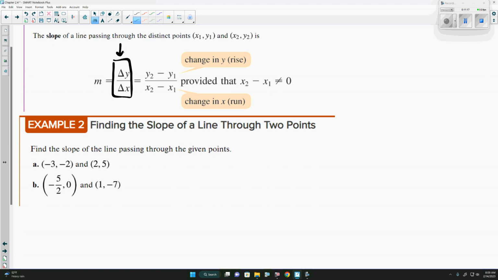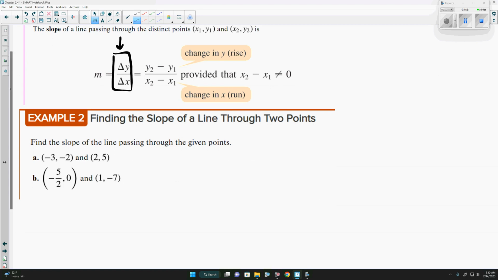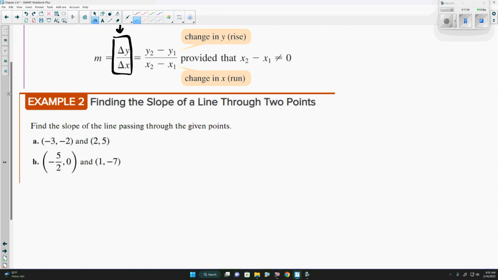So delta y over delta x is the change in the y values over the change in the x values, which is slope. So y2 minus y1 over x2 minus x1, provided that x2 minus x1 is not 0. It's not a horizontal or vertical line. It's not going straight up and down.